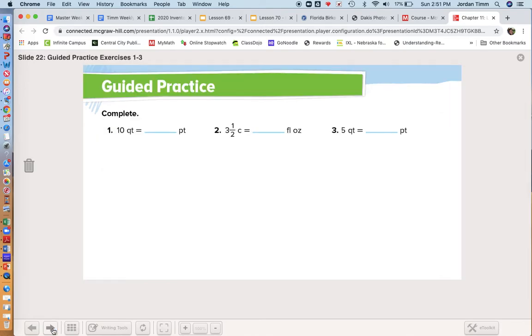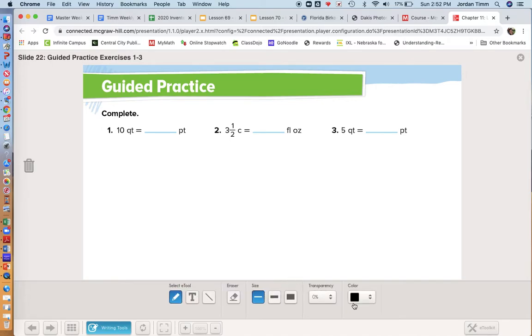All right, so let's look at our guided practice problems now. So we have 1 through 3, and then we'll do 4 and 5. So we have 10 quarts equals how many pints? I want you to look at your conversion chart, or look at your graphic organizer.